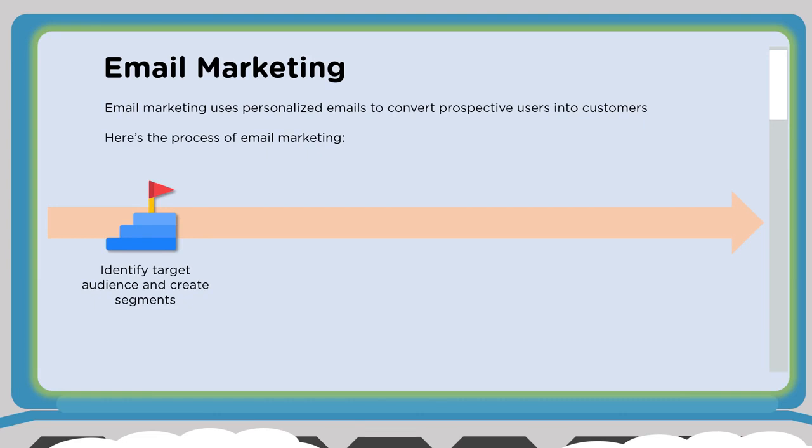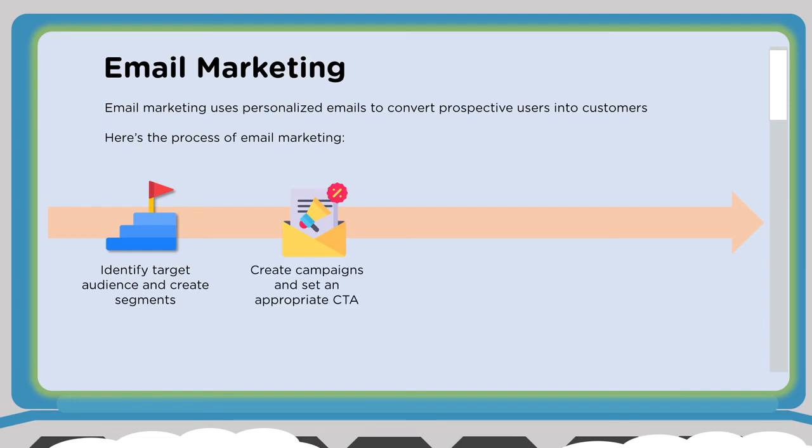When you identify your target audience, you're going to create a segment. In other words, you don't want to send one email to everyone because not everyone is going to be interested in that email. In order to get somebody interested, you need to send an email tailored to that audience, so that audience can respond and react accordingly.